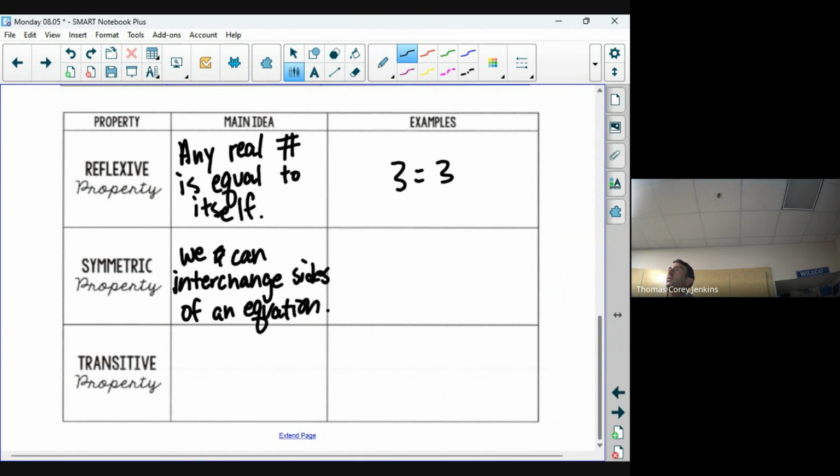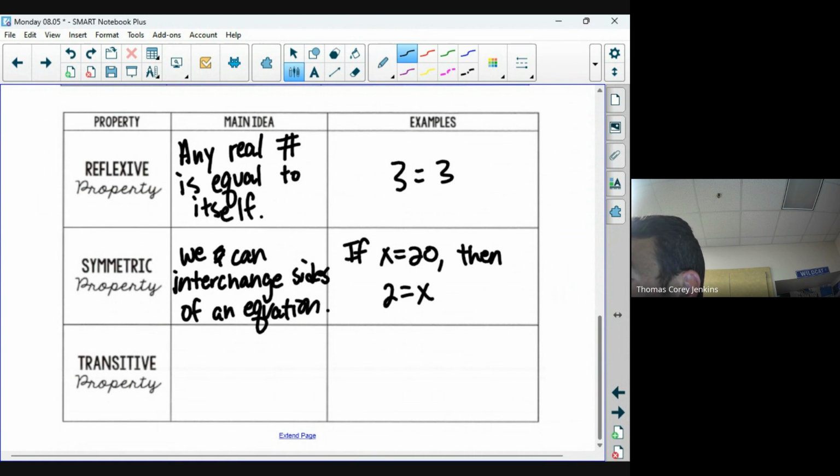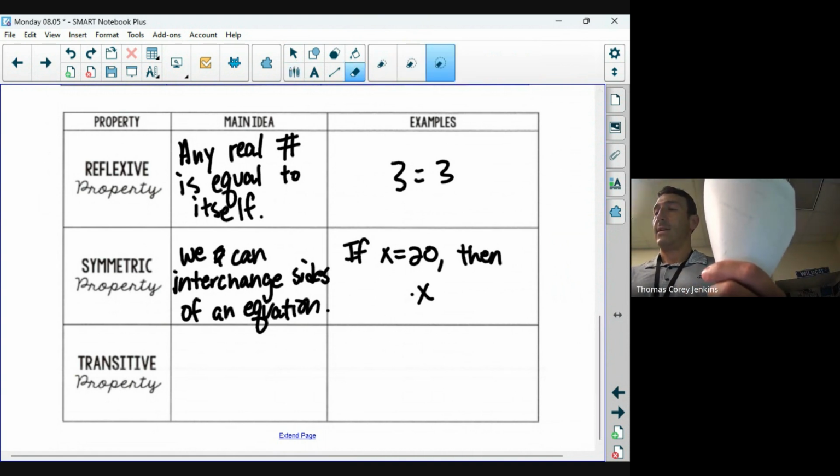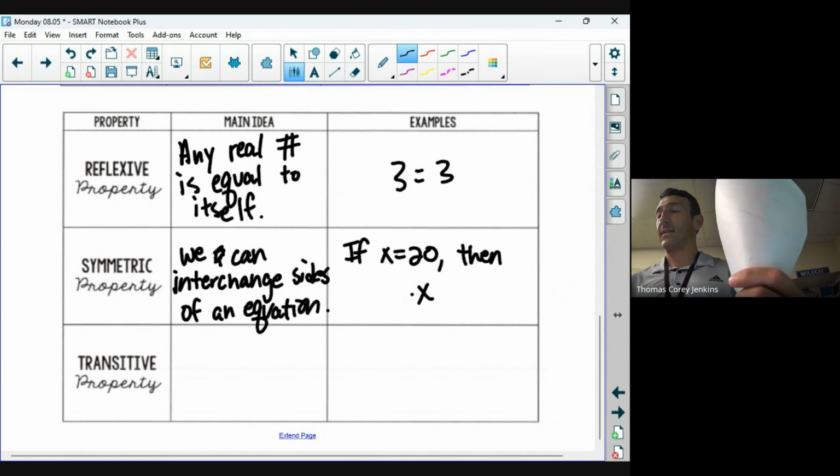A lot of equations will end up with something like x equals 20, right? So what we can say is, if x equals 20, then it's also true that 20 equals x. Sorry, what I wrote up there was not right.